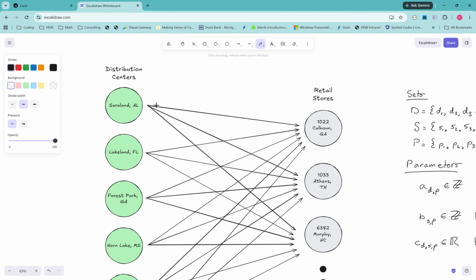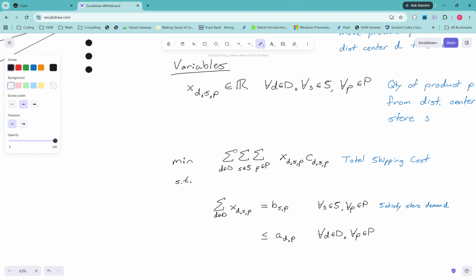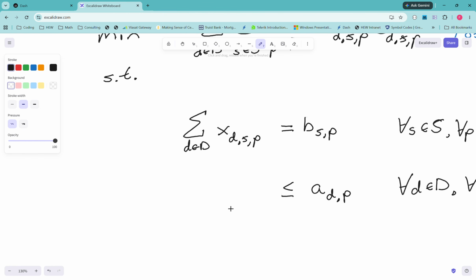And so we can see here that the total amount of things that are going to leave Saraland, Alabama for a given product will be the sum of what goes to all the different retail stores. So noticing that, I will make a summation across now the stores. And what I'll be summing are the decision variables.